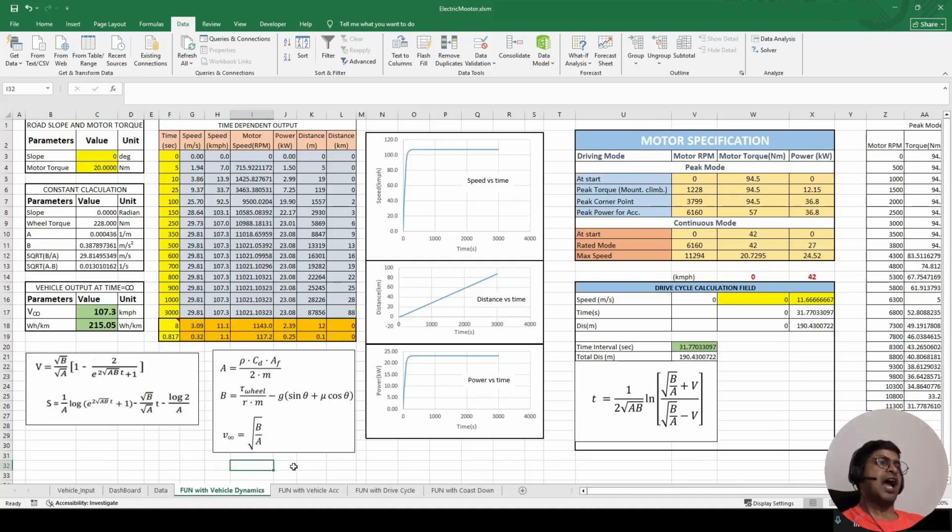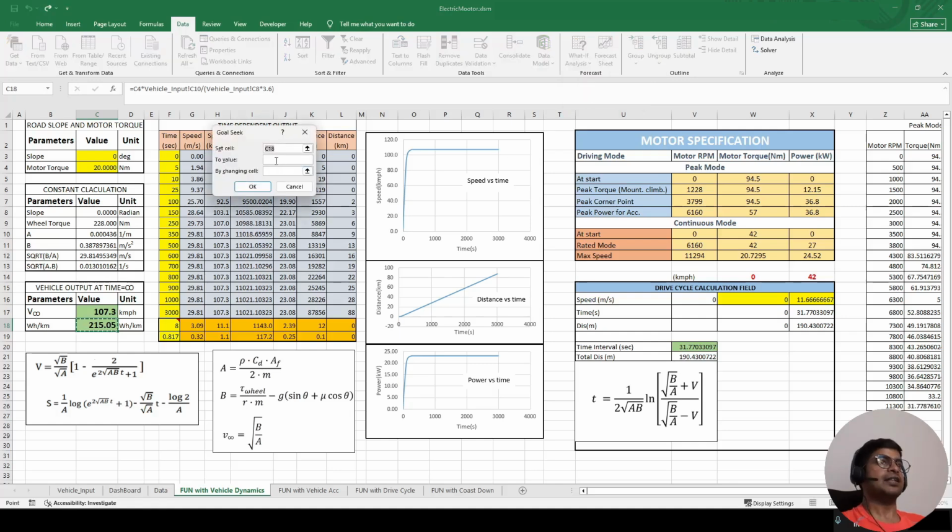First I am going to get this watt hour per kilometer, because I know that this value only depends upon the torque of the motor. So let's get the help of our goal seek friend and set this value to 115.32 while changing the torque of the motor.